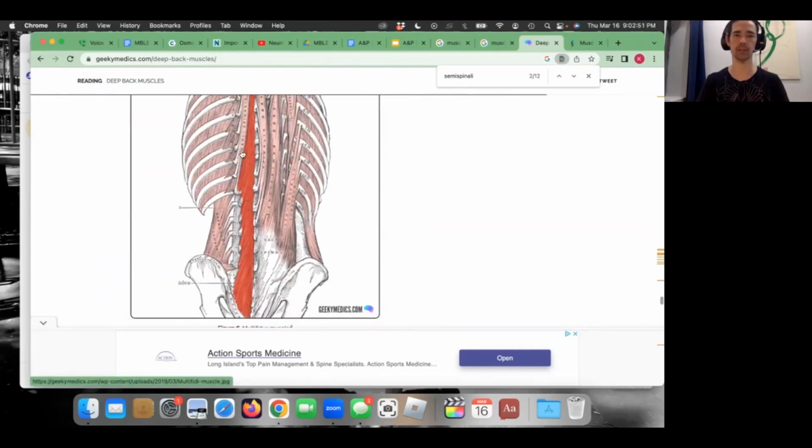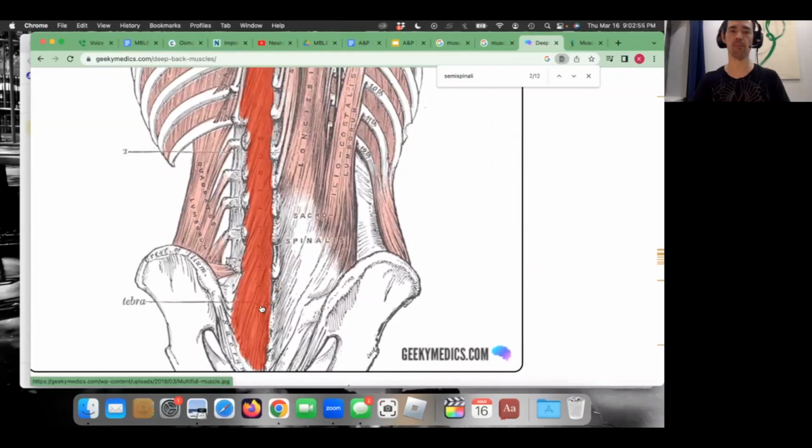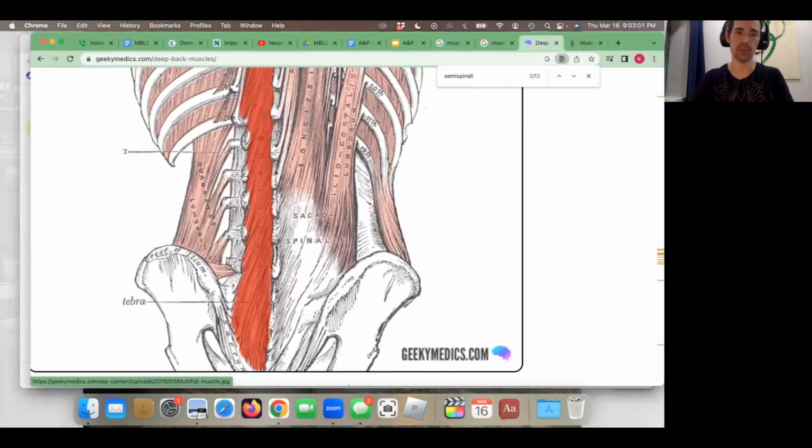This is the multifidus muscle, and it looks like this. Look at the fibers of the multifidus, so you can imagine the direction that the fibers are going. This is the transverse process of one vertebra going to, I think, the spinous process of the vertebra above it. So the side of one vertebra to the back of the vertebra above it.